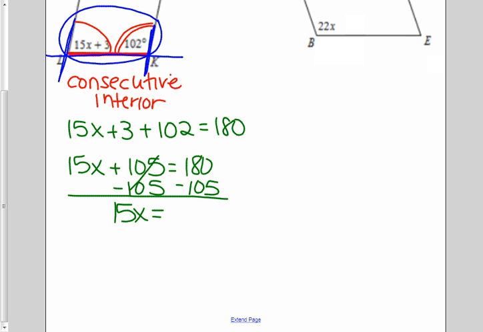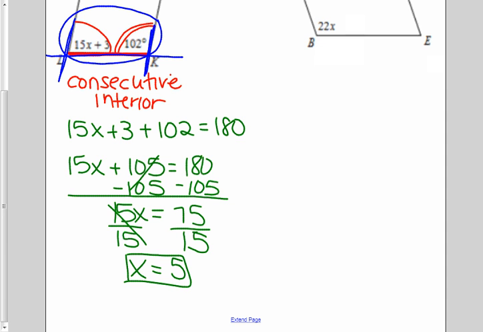So we get 15x equals 75. And then we're going to divide by 15. And we get x equals 5. So that would be our answer.